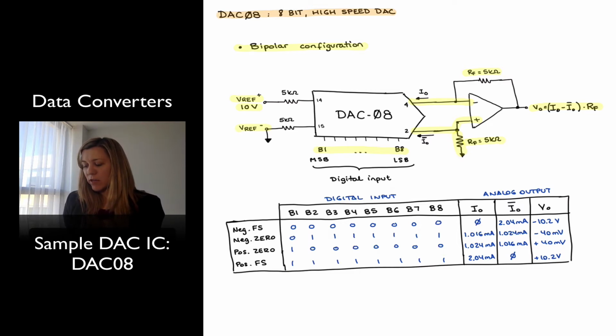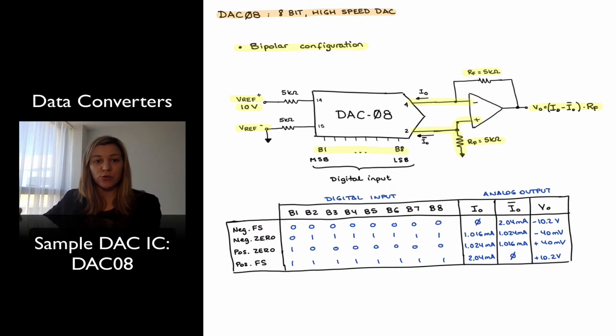Now, since I out and I out bar are complementary currents, when my I out is set to 2 milliamps, my I out bar is going to be set to 0 milliamps, and the opposite is true. When I out is set to 0 milliamps, my I out bar is going to be set to 2 milliamps.